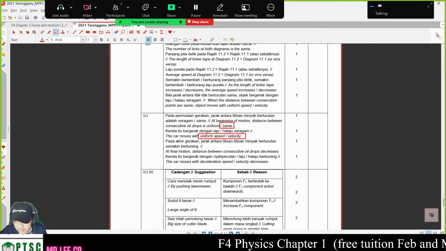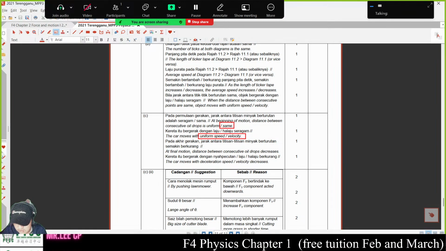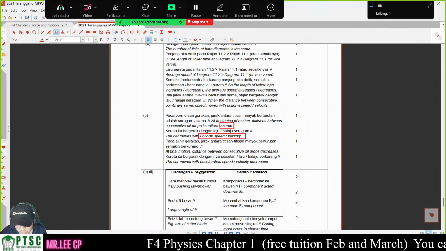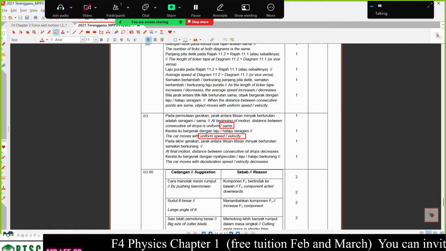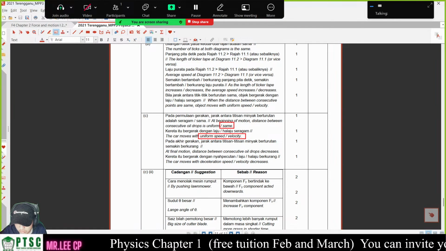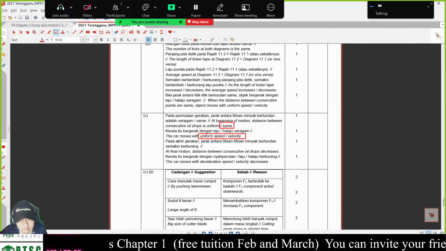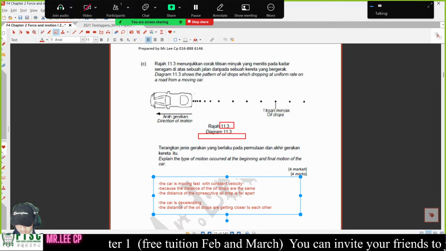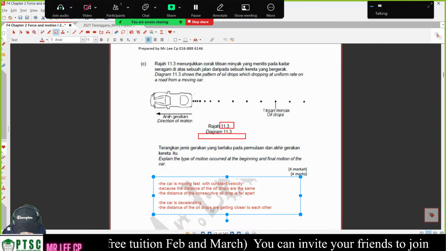Now at the final motion, the distance between the consecutive oil drops decreases, right? The car moves with deceleration. You don't say deceleration speed, just say deceleration, or velocity decreasing also can. So the car is decelerating because the distance is getting closer.